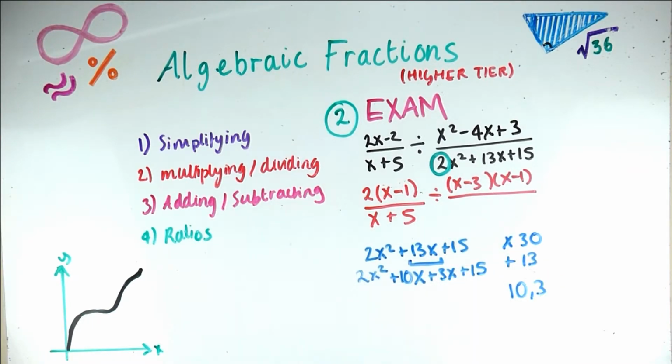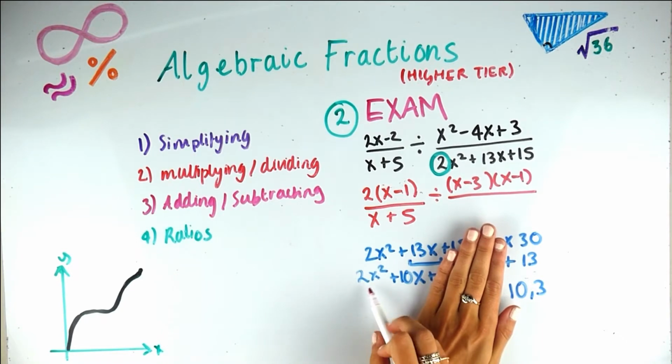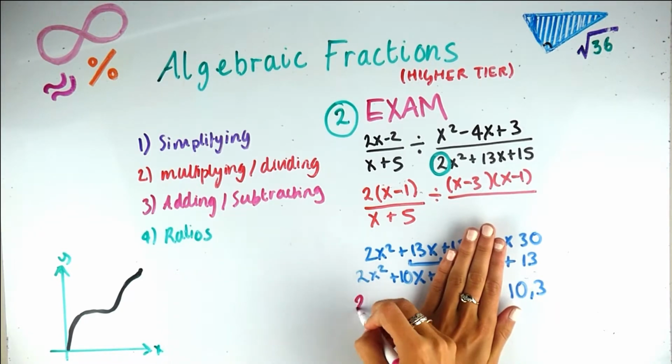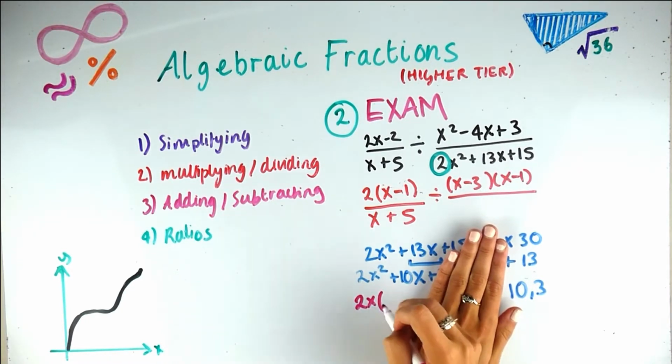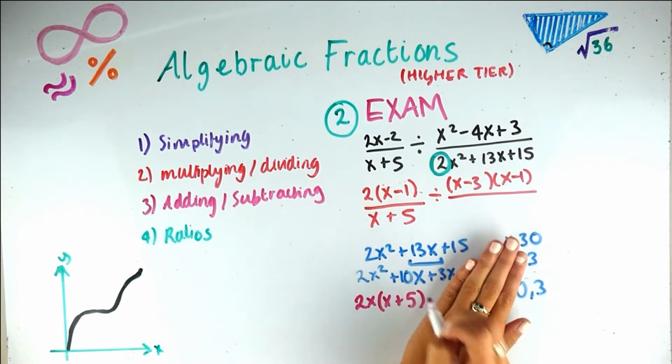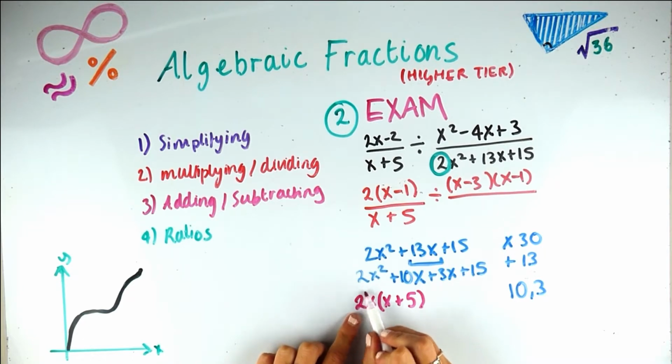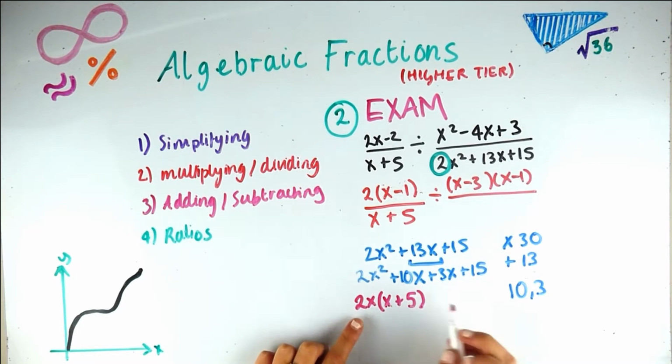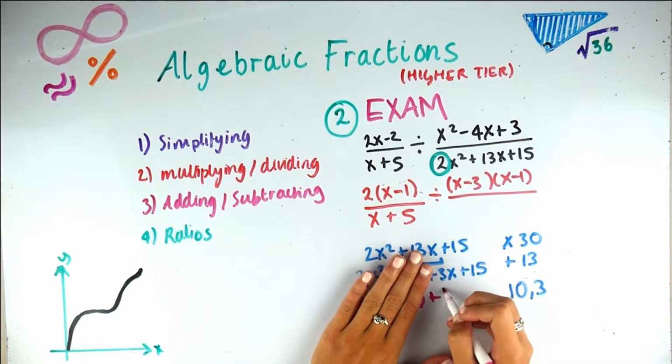The next step, you factorise each half. So what's common in 2x squared and 10x? You can pull out a 2 and an x. Then this one is missing an x, and this term is missing a 5. So if we multiply this out, you can see, quick check, 2x multiplied by x gives me 2x squared, and 2x multiplied by 5 gives me 10x. Let's do it over here. I can pull out a 3 because that's common to 3x and 15.